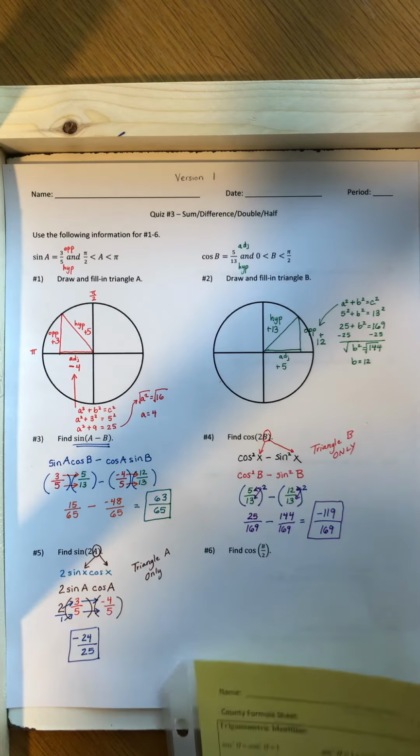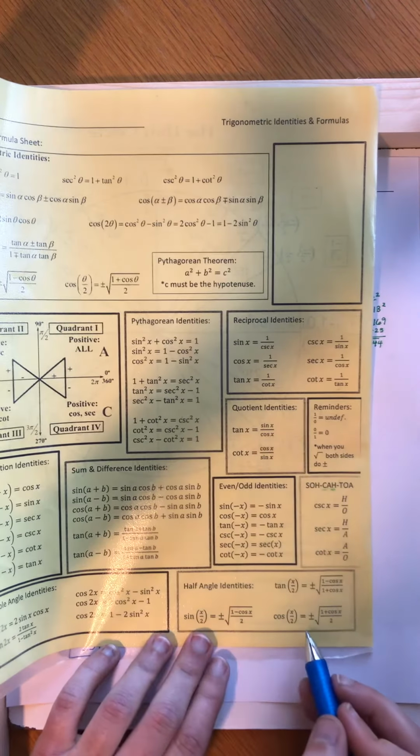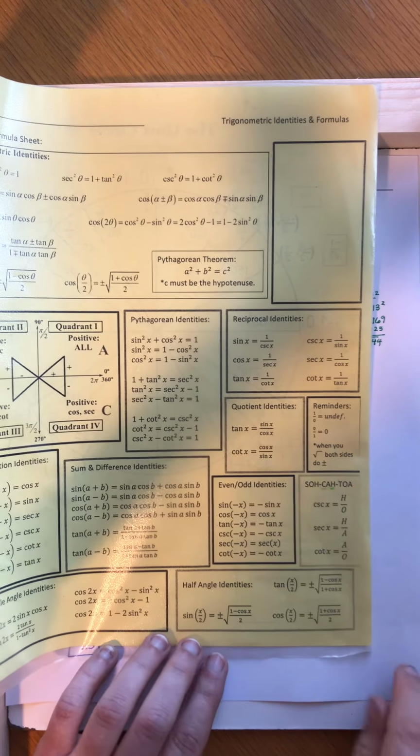Now we have to do the cosine of b divided by 2. So I'm looking for the formula cosine x divided by 2, which is down here in the half angle identities. So I'm going to rewrite that formula real quick.